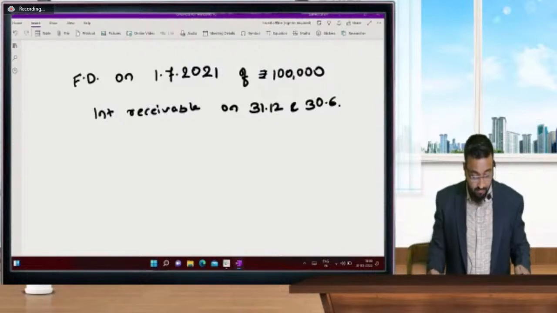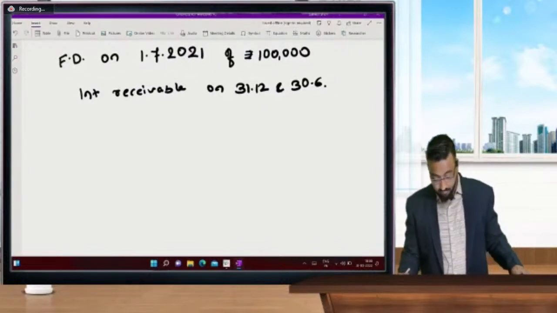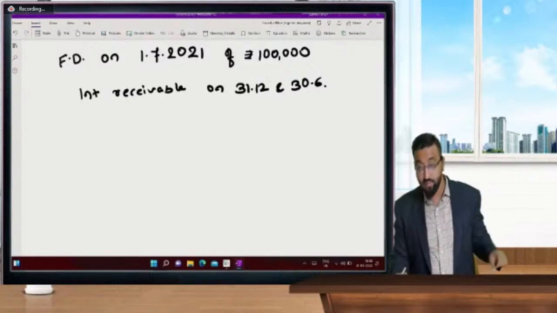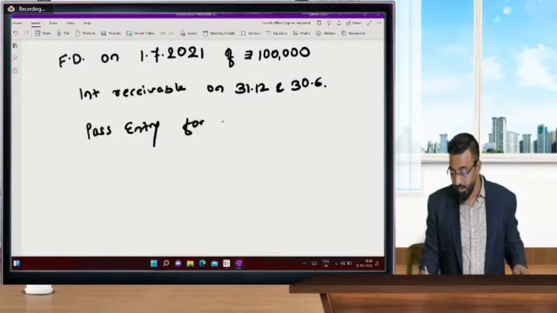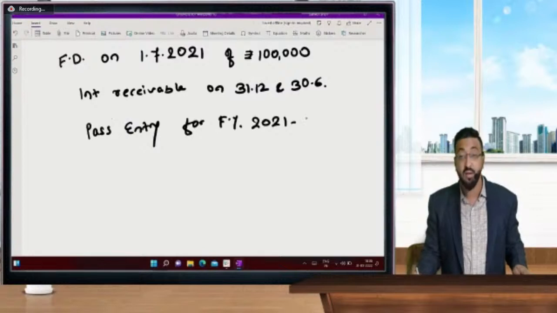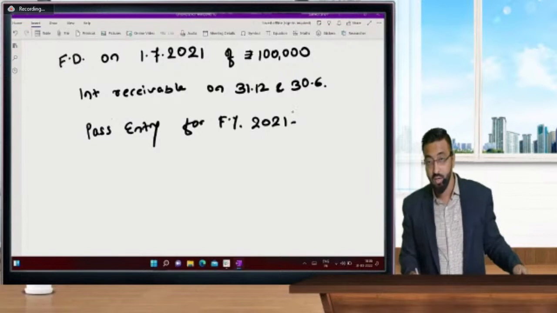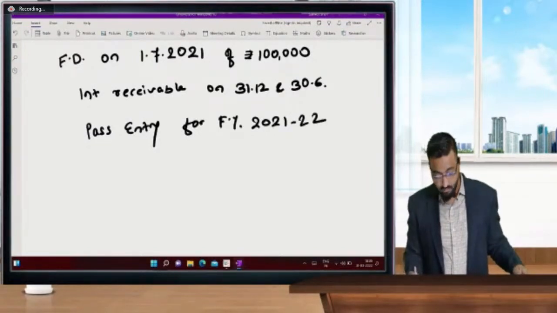Next one, interest receivable on 31st December and 30th June. Pass entry for the financial year. Let's see how many of you can pass this entry. And I want entries day wise, beta. 2021-22.